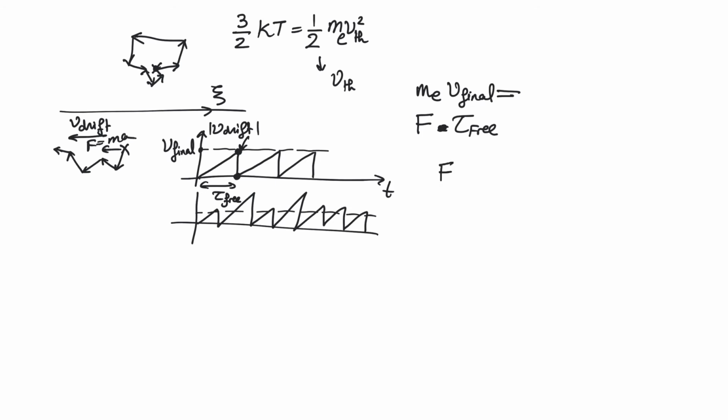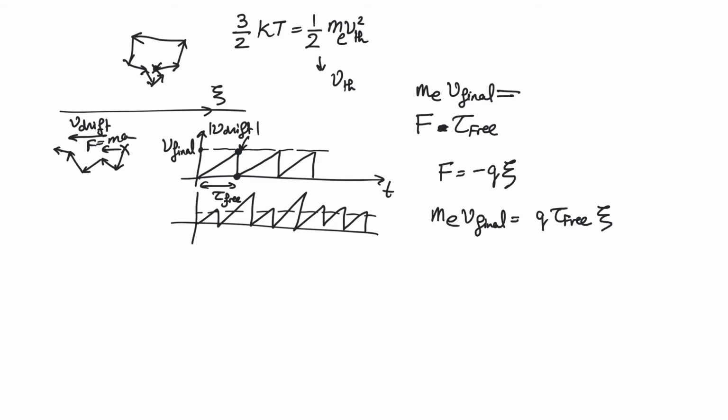We also know that the force is equal to minus Q times E, the electric field, because that's what an electric field does. It imposes a force upon a unit charge. Now, equating the two values for momentum, we get me times v final is equal to Q times tau free times E, the electric field.